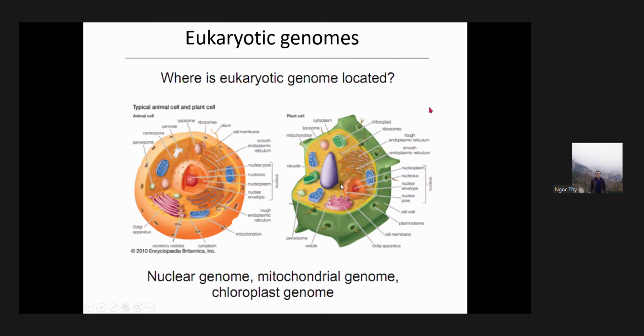This DNA is independent of the genome of the host and similar to the genome of a bacterium. So they proposed a new theory called the endosymbiosis theory. We'll come to it later.